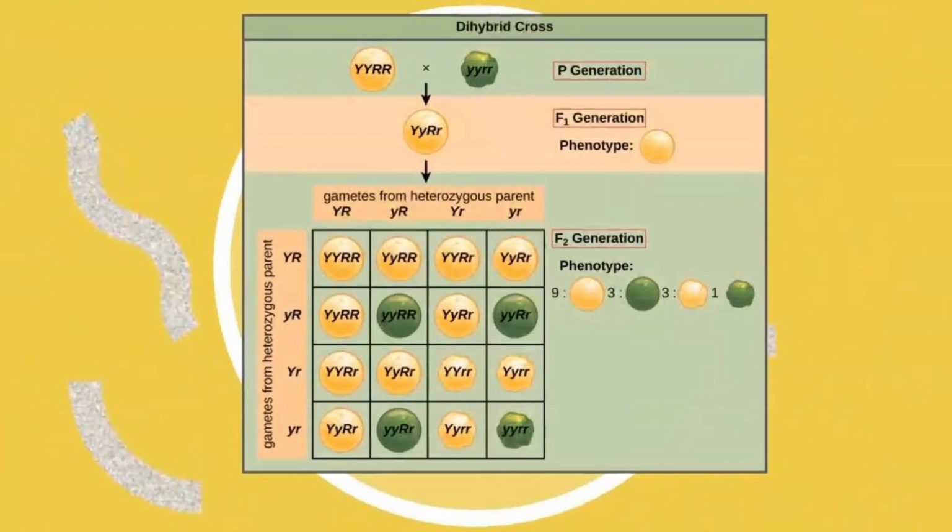And then you have 1 out of the 16 that will be the opposite to both of the parents, so it will be completely recessive. So in this example with the peas, it will be green and it will be wrinkled.